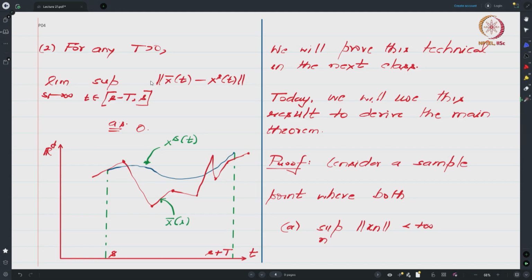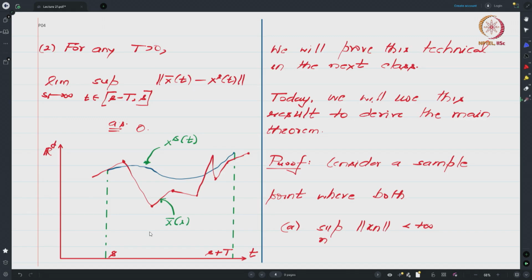In this picture you can see that on the x axis you have time, and on the y axis, just for convenience, I put R^d. Let us say you have some fixed time s, and then you look at a time window of length T which will take us from s to s plus T, and this red trajectory over here is your linear interpolation of your stochastic approximation iterates.